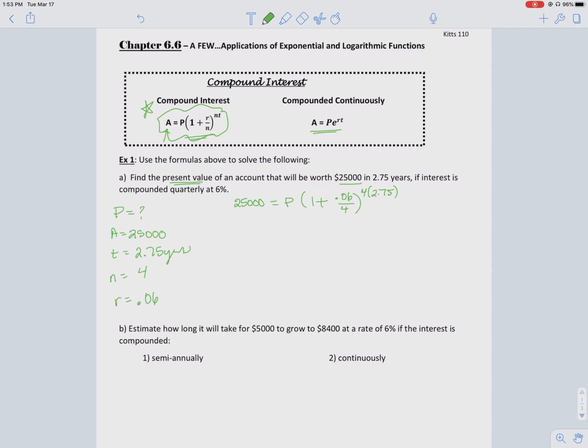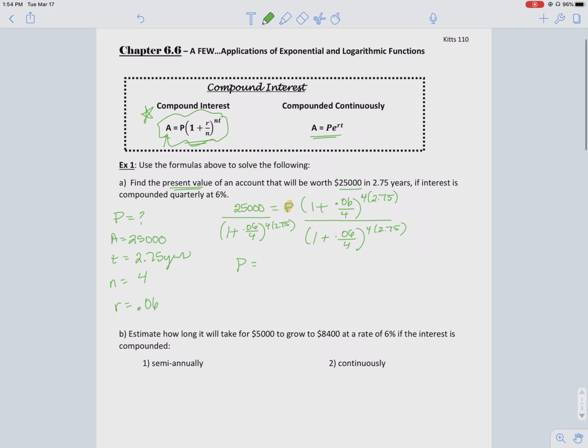So the trick here is getting it into your calculator correctly, okay? So my P, I should have just wrote that out, it's 25,000, and we're going to divide it by this. So now we've got to plug that in our calculator. So when you plug it in your calculator, this is how it's going to look.